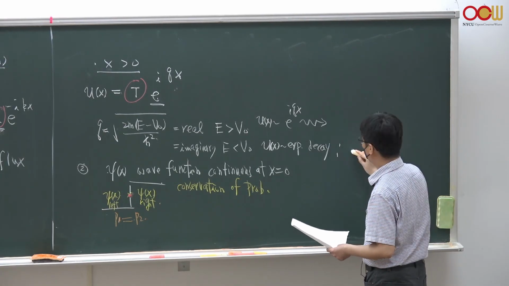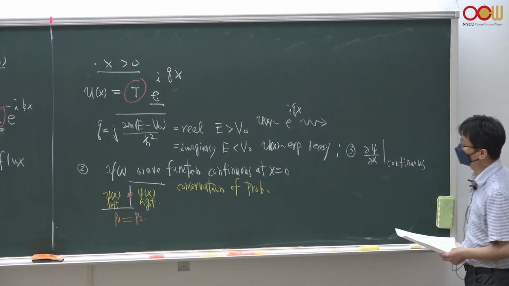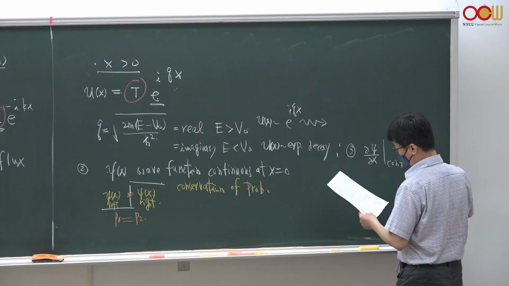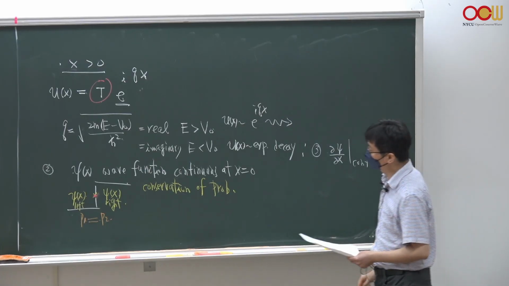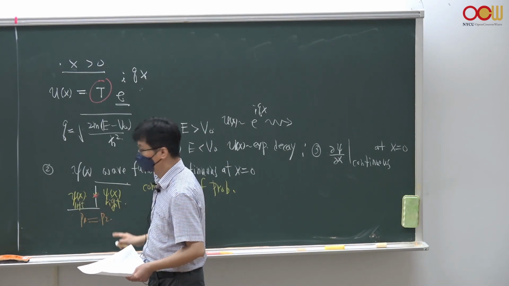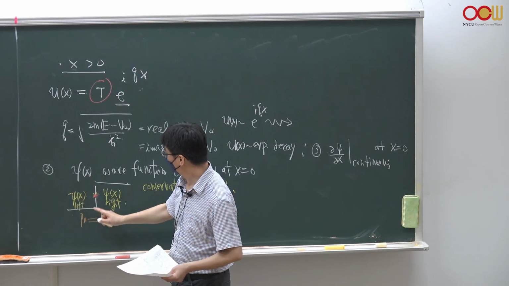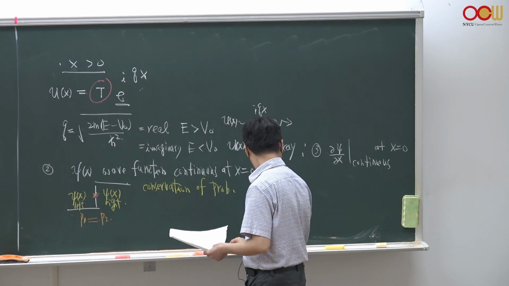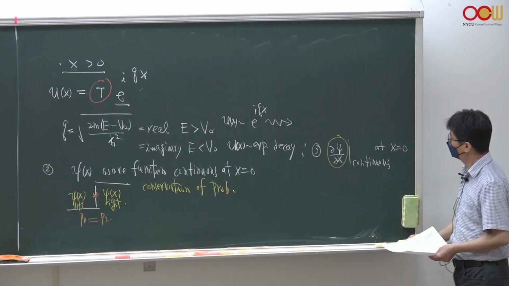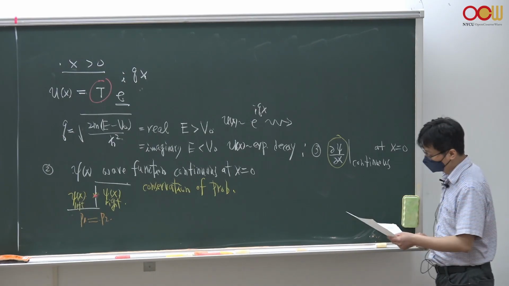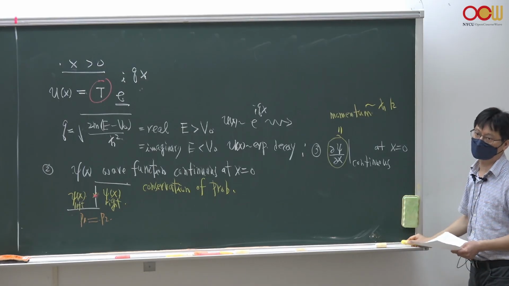And number three, the first derivative of this wave function psi with respect to x is also continuous at the boundary. So not only is this wave function itself continuous, but the first spatial derivative of psi is also continuous. Remember, the first spatial derivative of psi represents the velocity or momentum of your quantum particle, right, h bar k.